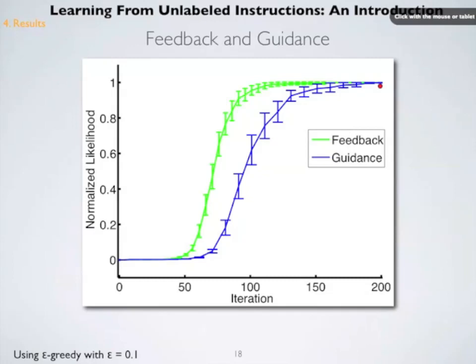The robot does not have to test each possible action to know if it is good or bad. But in the kind of problem we have here, where the instructions are unlabeled, we need to identify from the data 4 categories for the guidance case, which are the names of the actions, and only 2 for the feedback. Therefore, guidance requires more data to identify the clusters in our feature space.